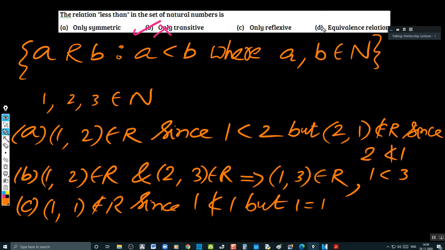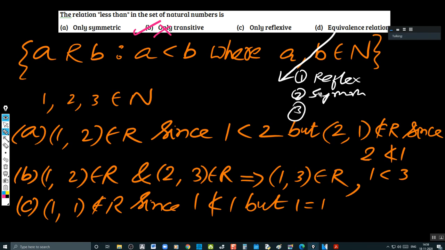Now you tell me whether it's an equivalence relation or not. No sir, because not all functions are satisfied. To be an equivalence relation, it must satisfy number 1, reflexive, number 2, symmetric, number 3, transitive.